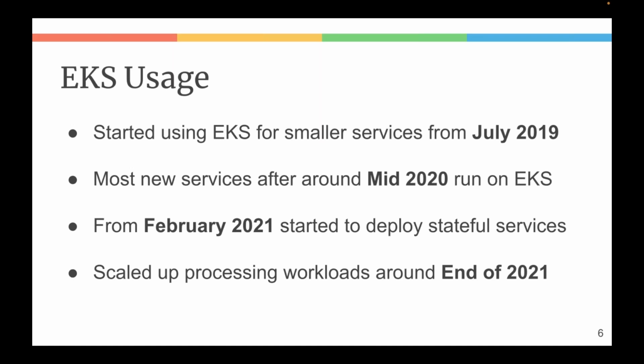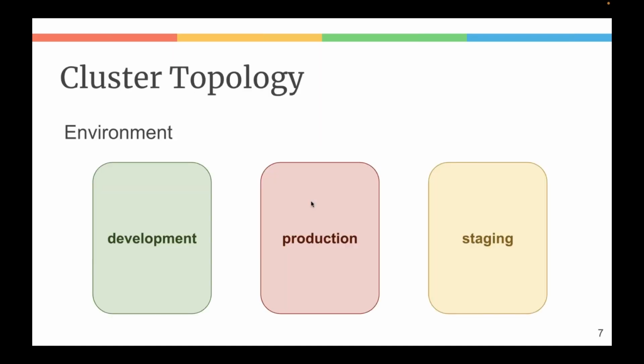And maybe to give you some overview of how we manage EKS, I want to talk a bit about our cluster topology. We separate our clusters into 3 dimensions. The first dimension is environment. We have different clusters for development, staging, and production, so that we can upgrade or do some testing in development clusters and not impact any production clusters.